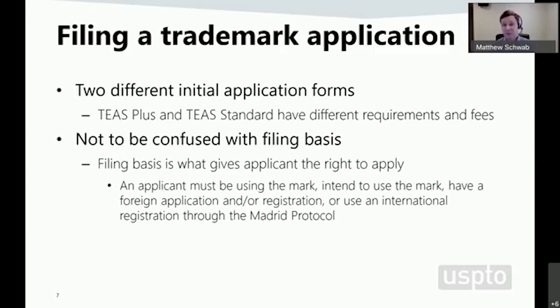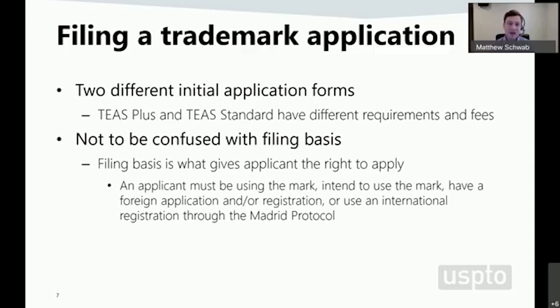Don't confuse this with the filing basis, which is something important that you'll need to decide when you apply. It's what gives you the right to apply and says that you're able to file this application and you believe it will mature toward registration. And we said that before, you have to either be using the mark, have an intent to use the mark, or you may have a foreign application or registration that you're going to rely on. There is another option, and you can use an international registration using the Madrid Protocol.